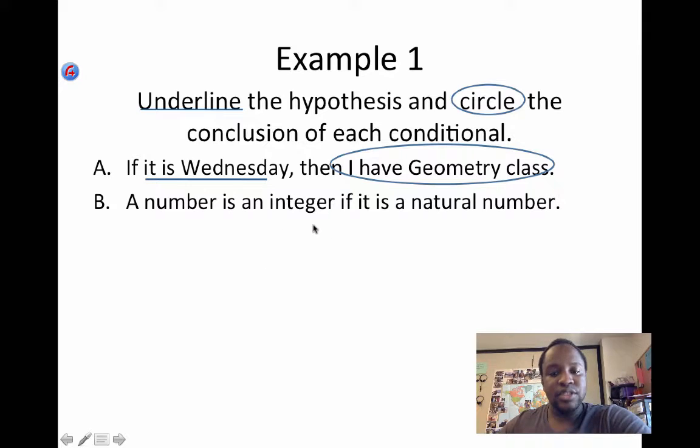A number is an integer if it is a natural number. So it is a natural number is the hypothesis because it comes after if, and this time there isn't a then, but a number is an integer would be the conclusion. And remember, these are conditional statements.